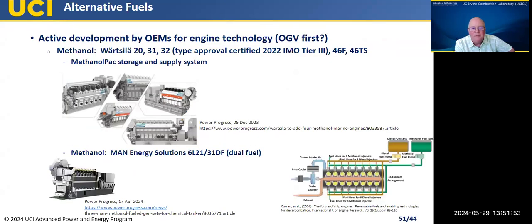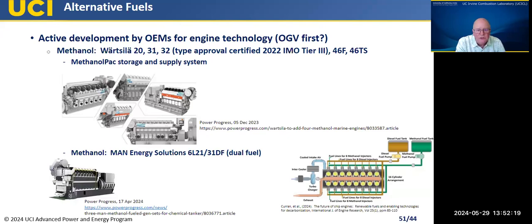But there are engine companies that are making these. Wärtsilä is a good example for methanol. They have an IMO Tier 3 approved engine for methanol. Wärtsilä also offers a specific storage and supply system for methanol, so this is commercially available.